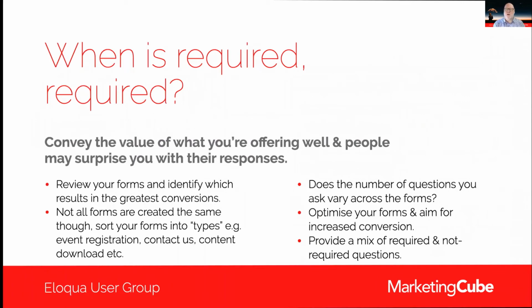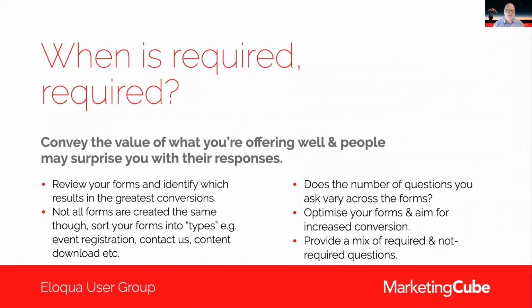Okay, so when is required? It's very easy to create a form and just go required, required, required, and all of a sudden you're at 8 or 9 questions and every single thing is required. There was some research done a number of years ago by Oracle. It was actually Eloqua, I think, even, so quite a few years ago now, where essentially the sweet spot for effective form submissions was around 7 fields.